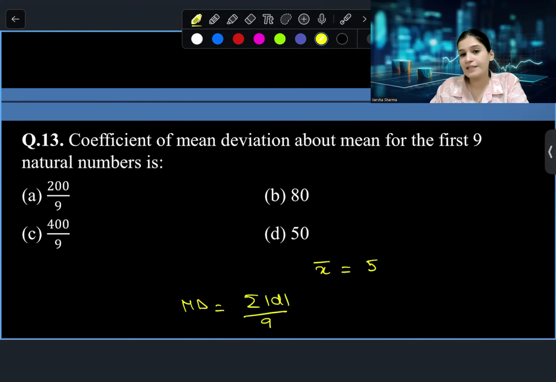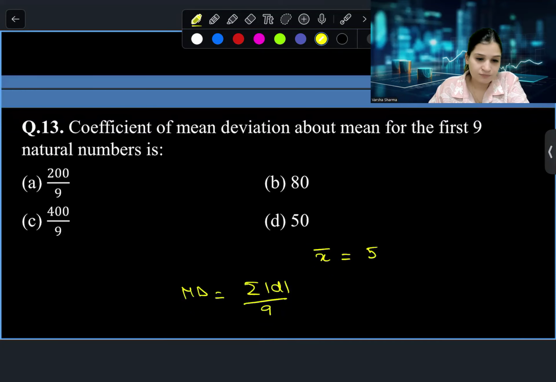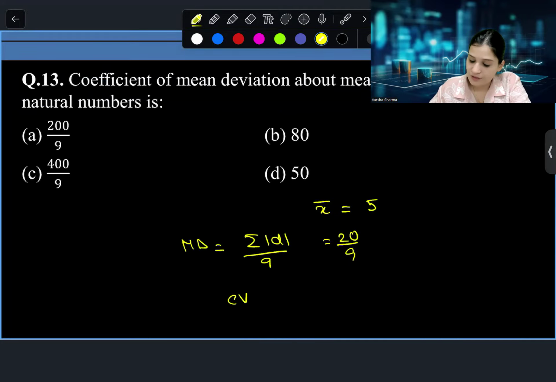Subtract each number by 5, take the positive value, then the sum is 20 divided by 9. So 20 by 9. The coefficient would be mean deviation by mean into 100. So 400 by 9.